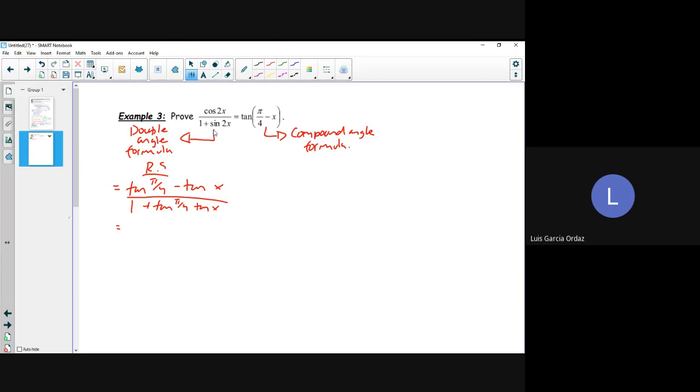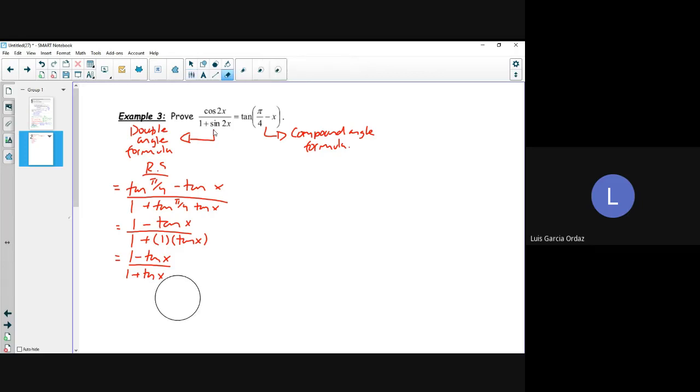What does tan of pi over 4 give us? 1. So we get 1 minus tan x over 1 plus 1 times tan of x, which is just the same thing as saying 1 minus tan x over 1 plus tan x.